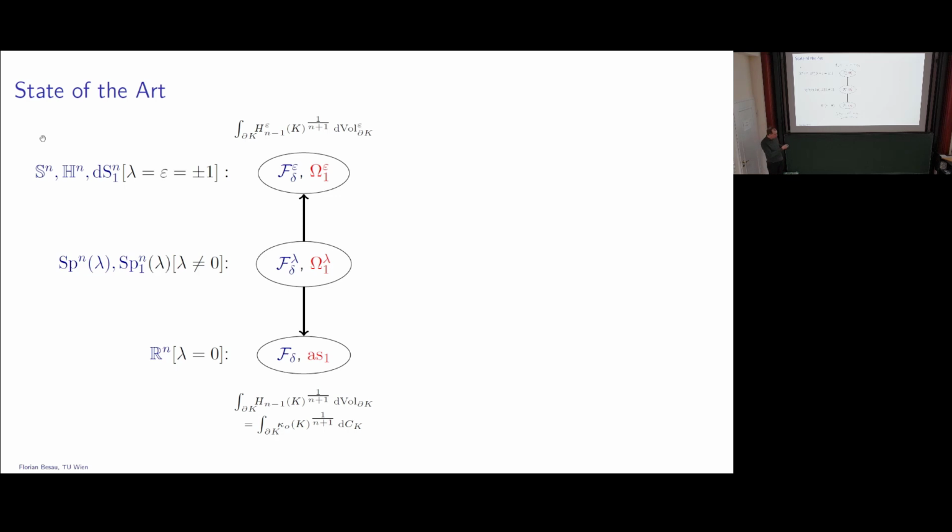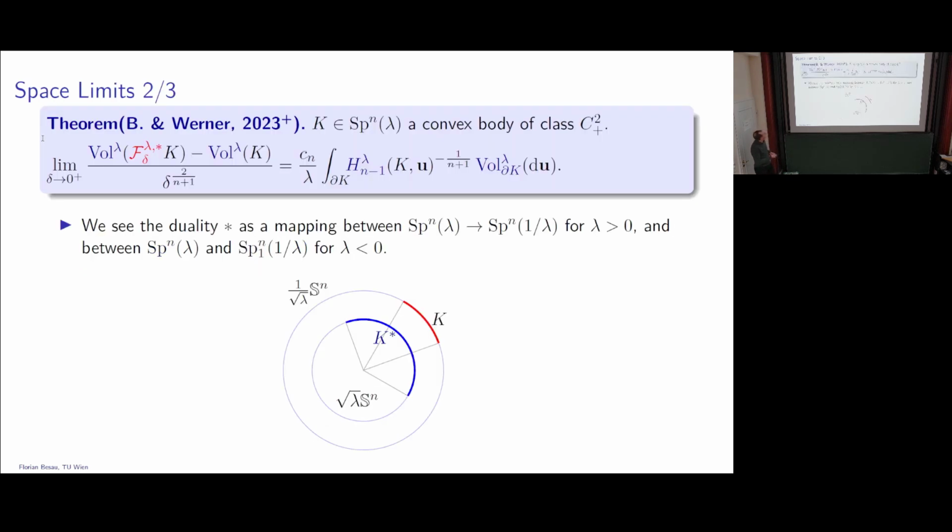Now, when you do this with this polarized notion, you have to decide what sort of polarity means for you in these spaces of constant curvature. The natural thing would be, okay, when you have a sphere of curvature lambda, then the polar should be just a polar sphere where the radius is exchanged by 1 over the radius.